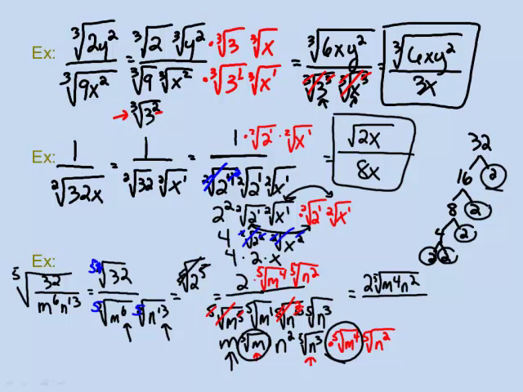We had an m already, so m times m is m squared. And then here we had n squared. We'll be able to pull out another n here, because the 5th root of n to the 5th is n. N squared times another n is a total of n cubed in our denominator. And that would be our final answer for that problem.